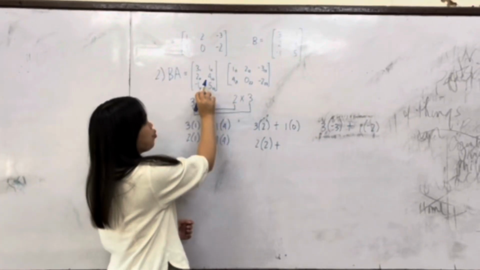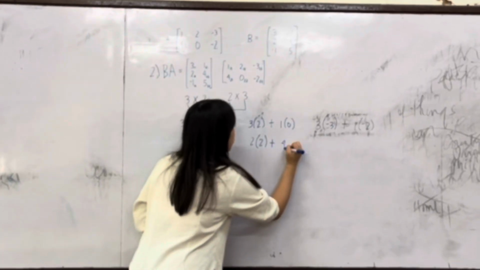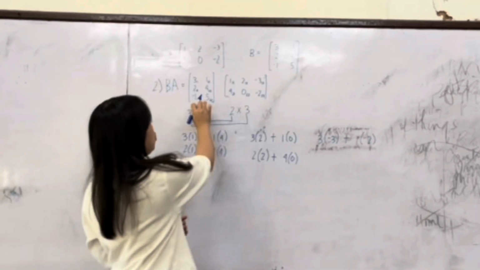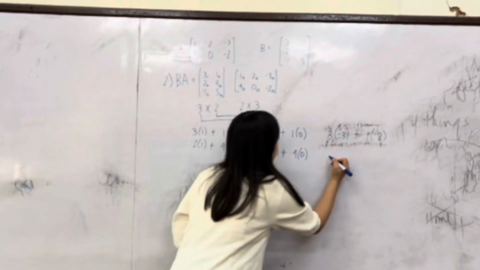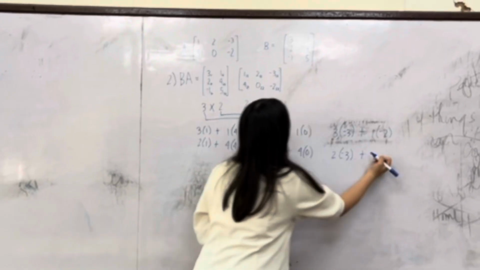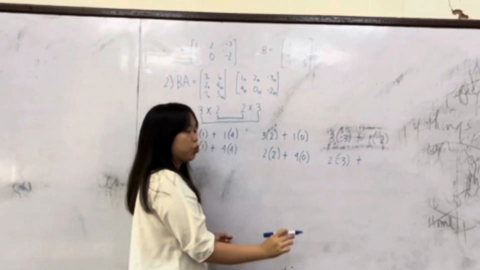Plus 4 multiplied to 0. And then 2 multiplied to negative 3. Plus 4 multiplied to negative 2.